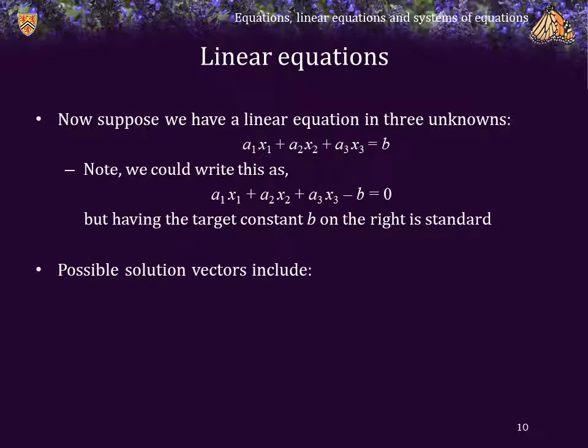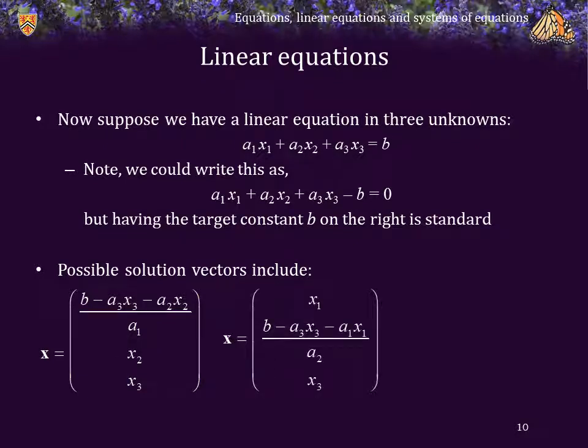Now, because there are going to be two free variables in this solution, there are actually many different possible solution vectors. One solution vector to this equation is this one, where x2 and x3 are free variables, and then we solve for x1 with respect to x2 and x3.